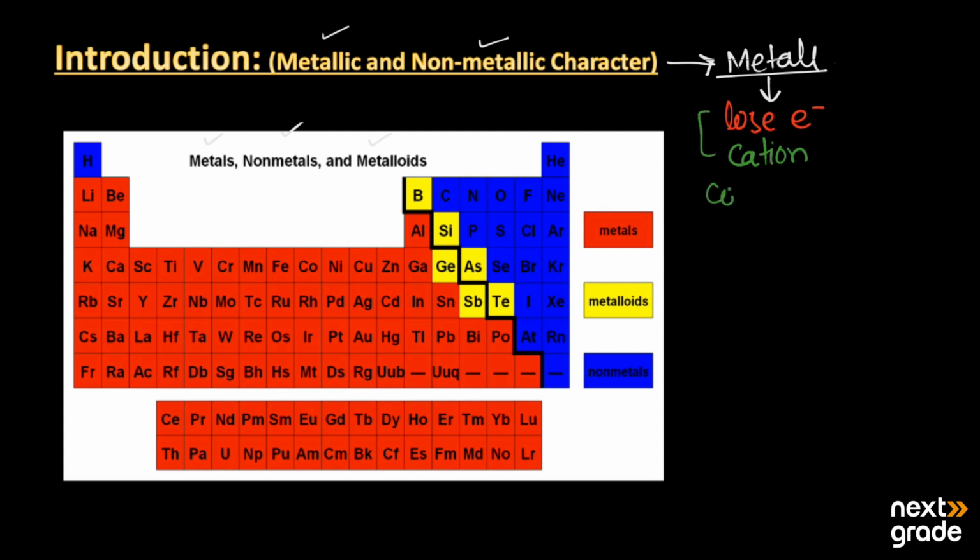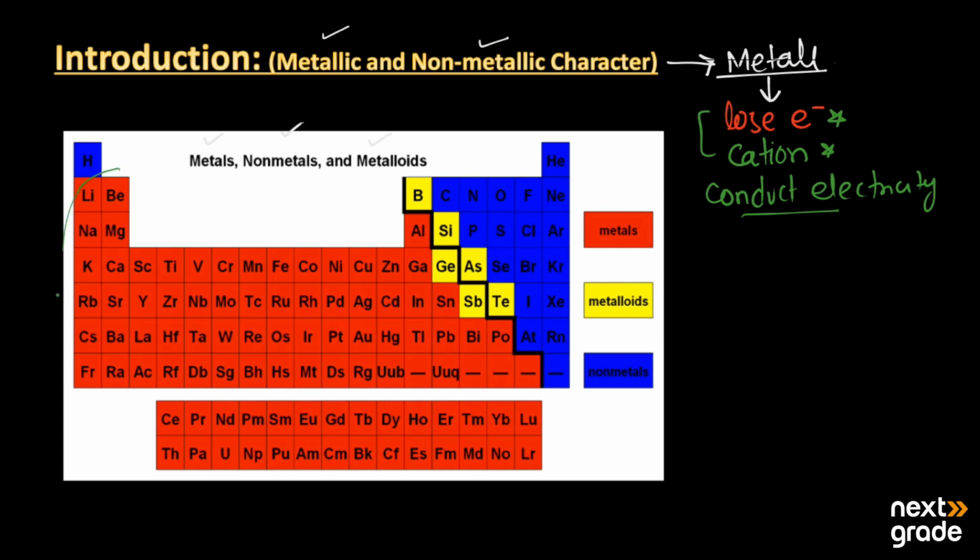They can conduct electricity due to their property of having free electrons and forming positive metal cations. They are good conductors of heat as well as electricity. This is the main property of the metals in the periodic table.